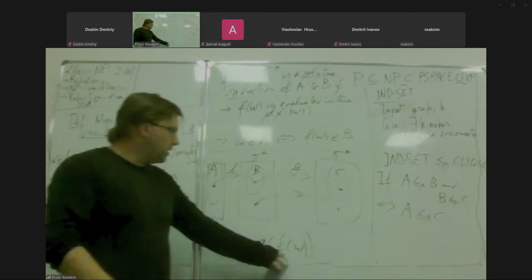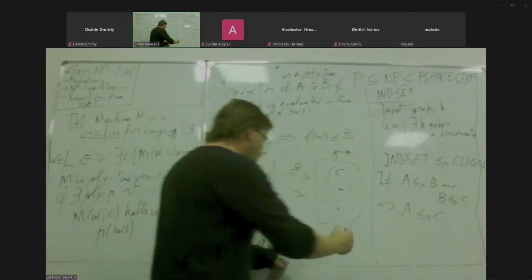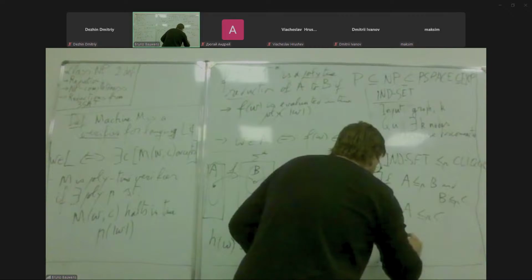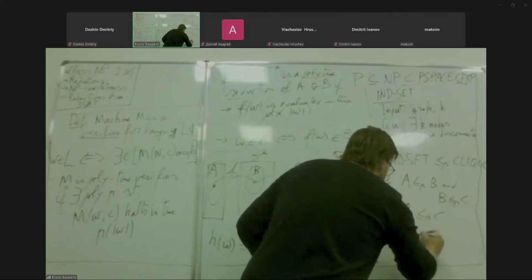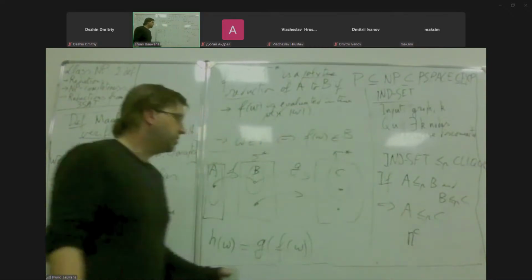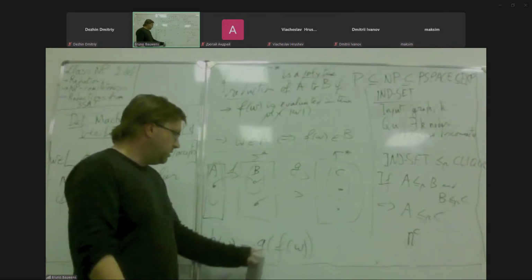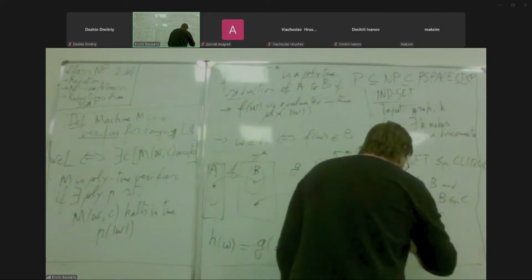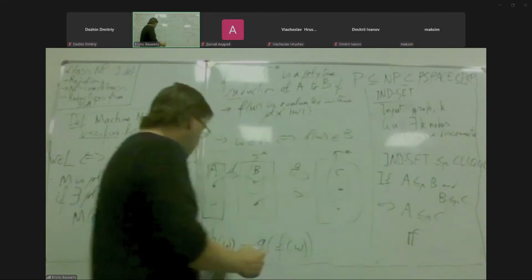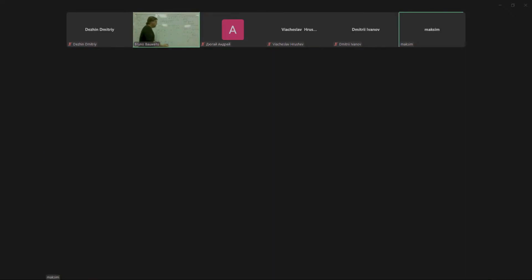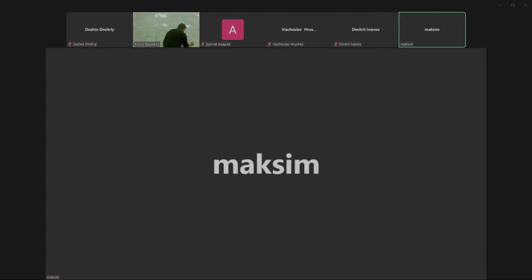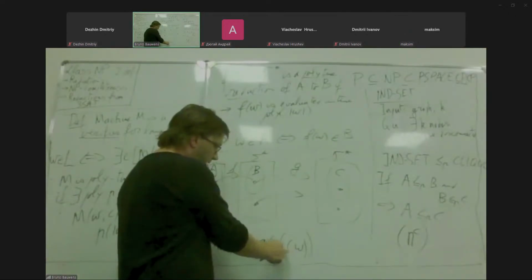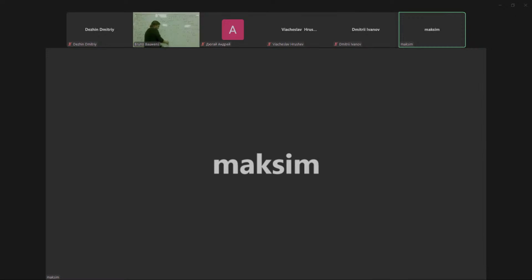The runtime of F might be n to the power c for some c. For G, we might have n to the power d. Then the runtime of H: the input has expanded maybe to n to the power c, but not more.